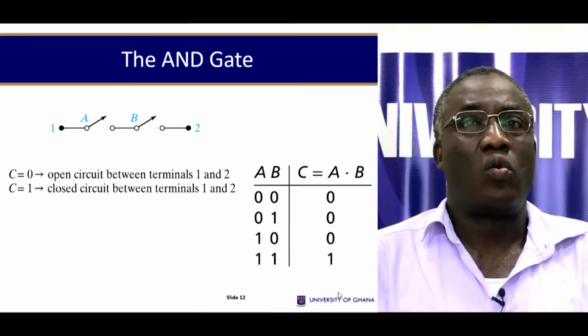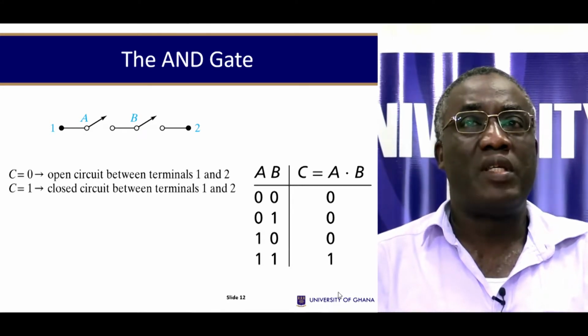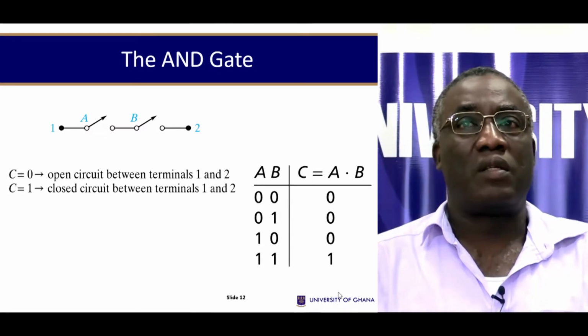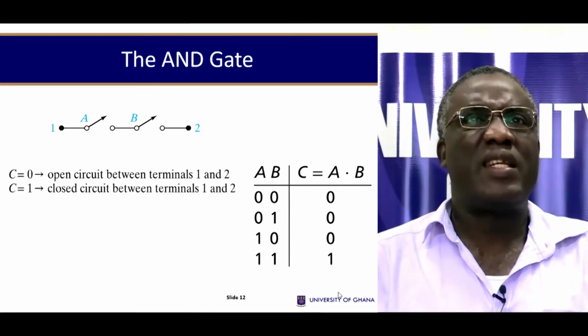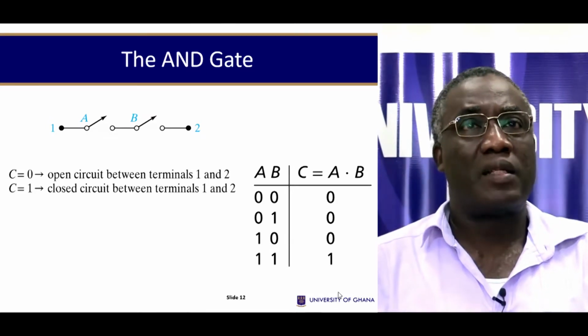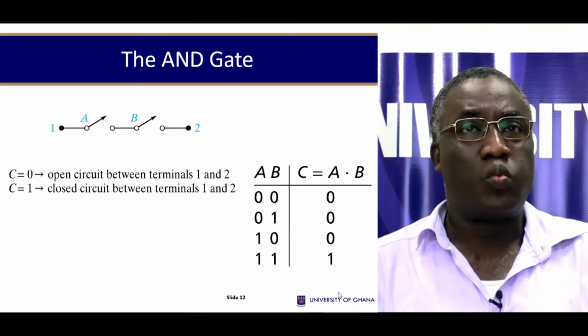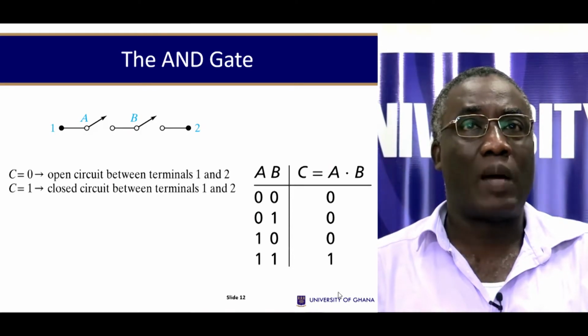Okay? So, in other words, when you have A is 0 and B is 0, then the output, that is A and B, will be 0. Remember that you want the output to be 1 at 2, if you have a lamp there, for that lamp to come on.